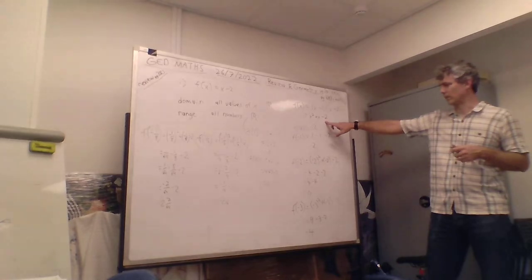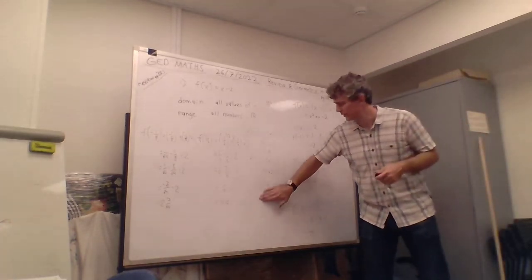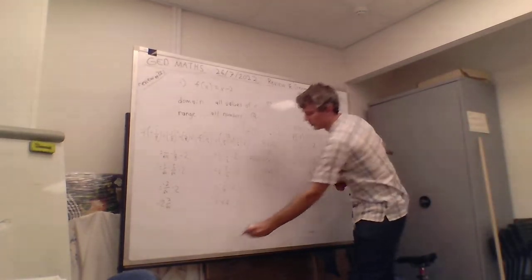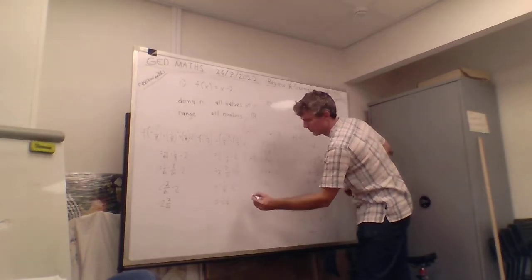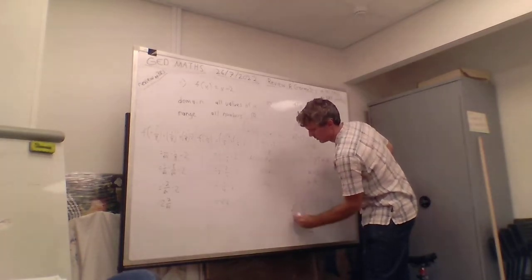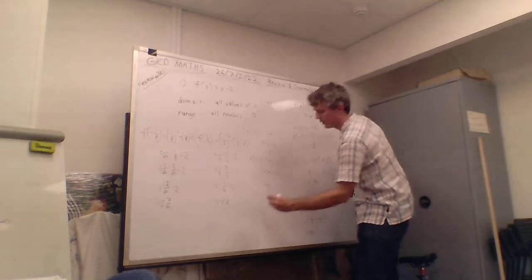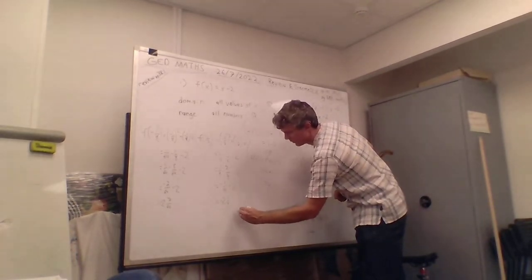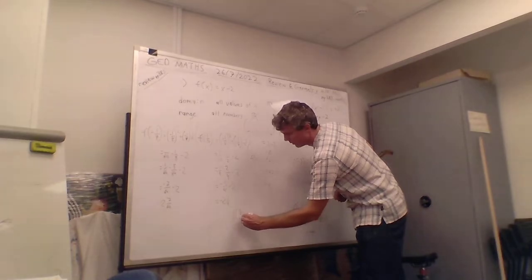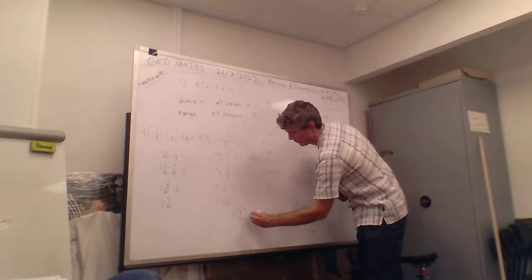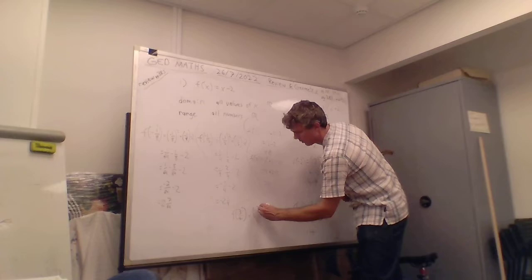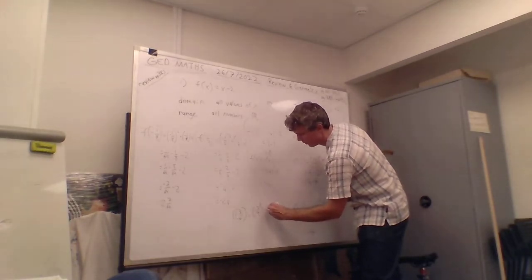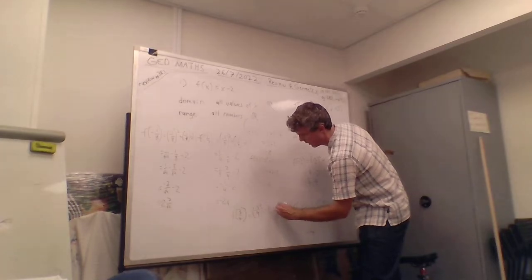Let me do one more, just to see what's happening. Okay, and we'll do f of 3/4, right? To see when we're getting close to 1. Minus 3/4. So that equals minus 3 over 4 squared minus 3 over 4 minus 2.